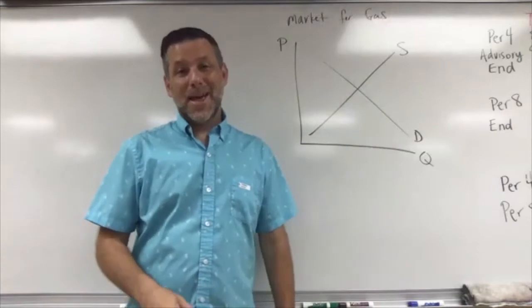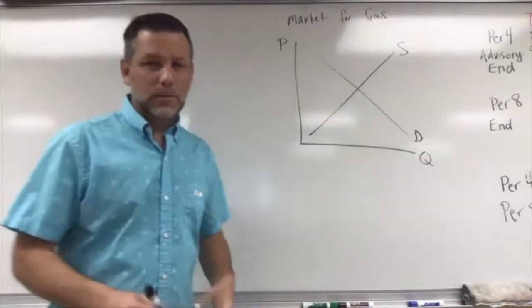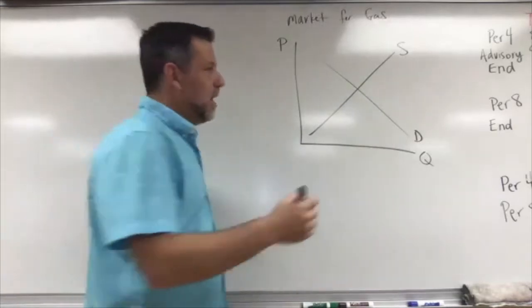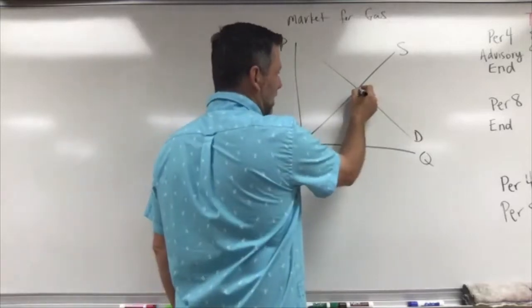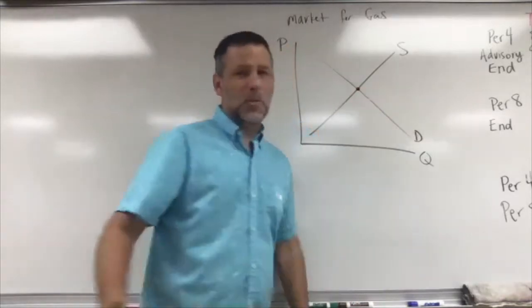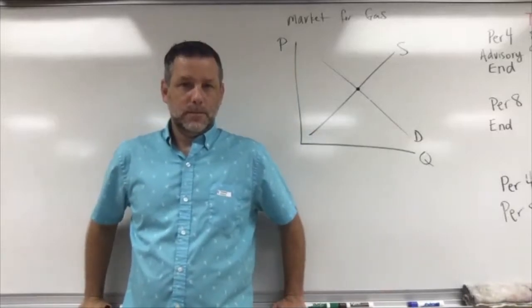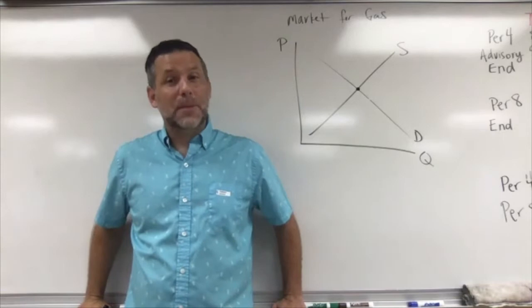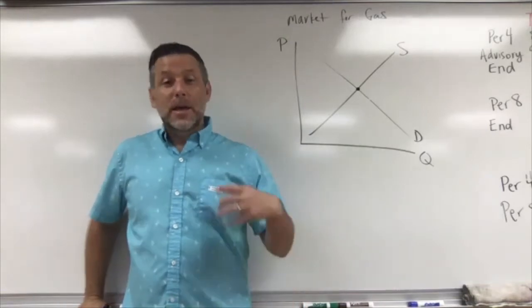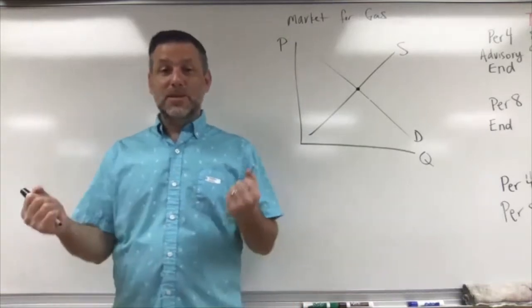So on the one hand, we have, well, before I guess we show what's happening, what do we call this point right here where they intersect? What's that special point called? An equilibrium? That's called our equilibrium. And in econ, equilibrium means that things are balanced.